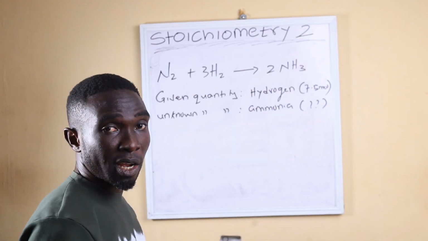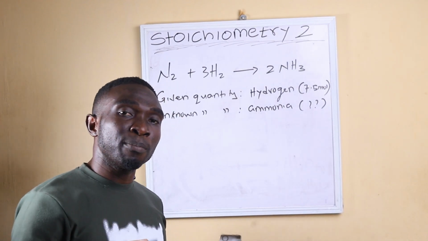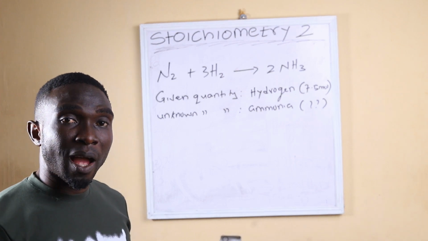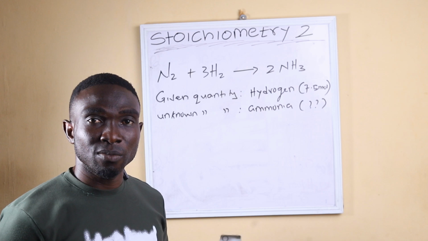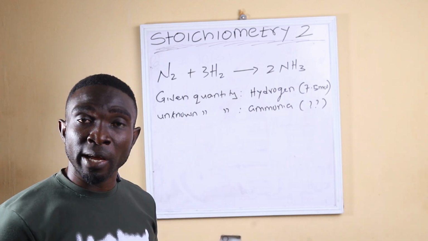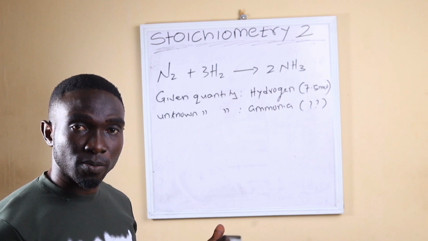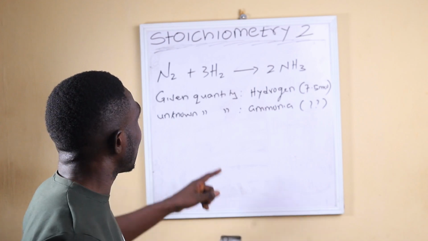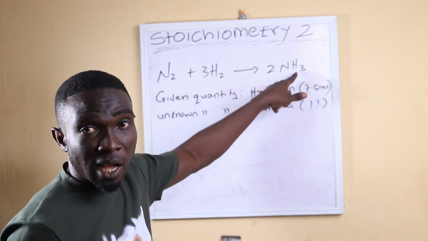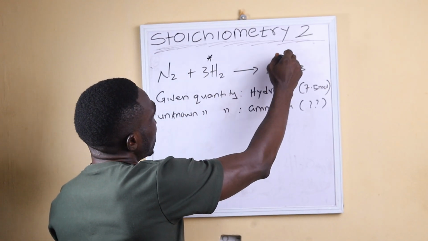What do we do in this reaction? The structure of the question tells you the interpretation that you are going to use. Are you going to use the molar interpretation or the mass interpretation? For this problem, you're going to use the molar interpretation because the question is being asked in moles. This question relates hydrogen gas with ammonia, so I'm going to put an asterisk on hydrogen gas and another on ammonia.